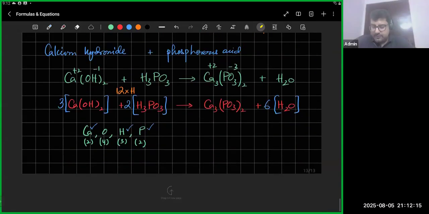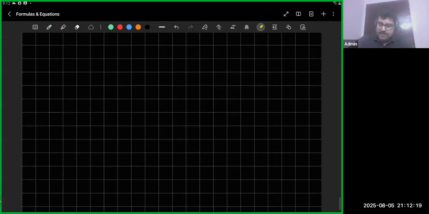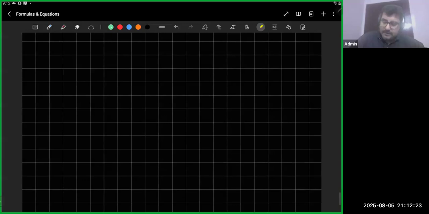So we're going to jump to equation number 2 now. It's also very similar. What were bases? Hydroxide; the other base was oxide. So this equation is for a metal oxide.